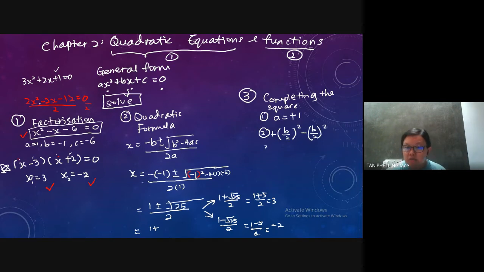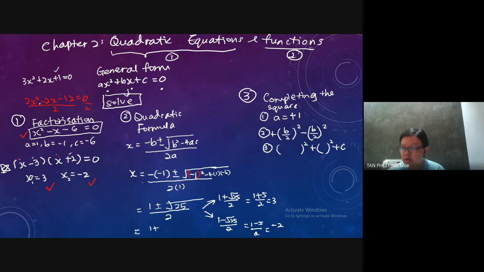Then the third one will be making it become this form: big bracket square plus small bracket square, and then plus c. I think this one should be minus: big bracket square minus small bracket square plus c.